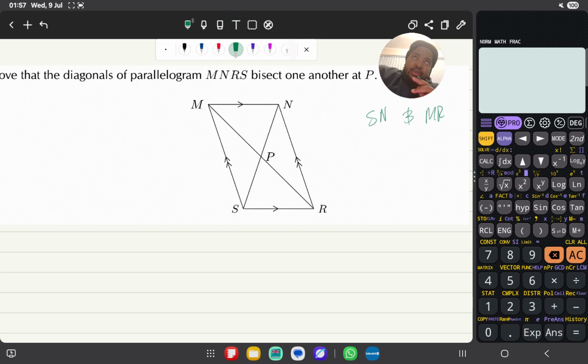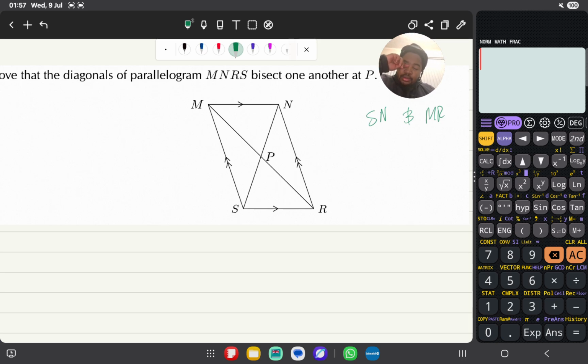We learned about congruency, about similar triangles, and we went further to learn about different properties of quadrilaterals. So how do you think we're going to attempt this?